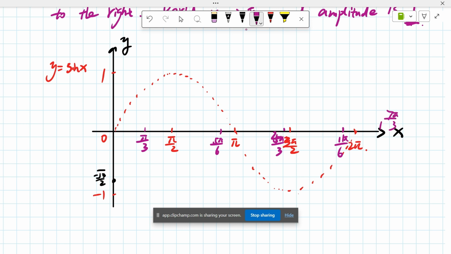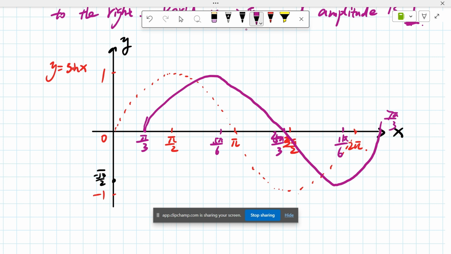So your graph will look like it starts from pi on 3, going up to 1, hitting 0, hitting negative 1, and going up to here. So that's the graph you've shaped.